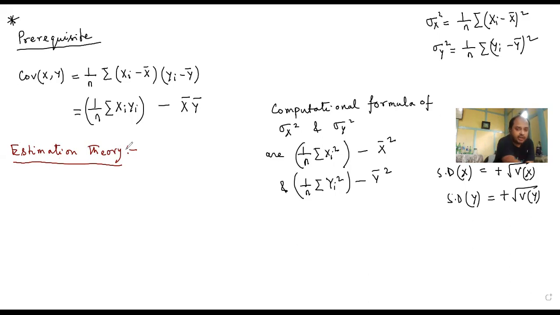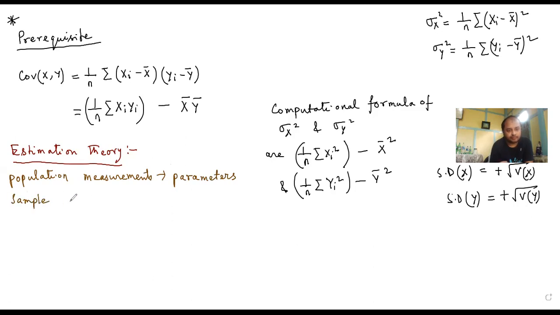Now, in estimation theory, all the population measurements are actually termed as parameters, and sample measurements are termed as statistics. So you can say that population mean, population variance, population mean deviation, population median, population mode, any measurement that you can assume related to the population, they are called parameters.